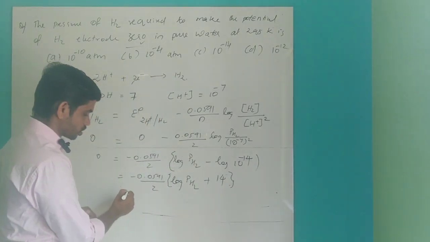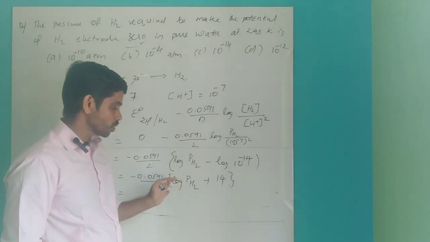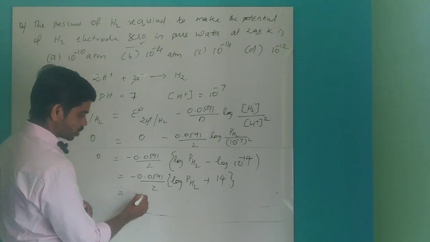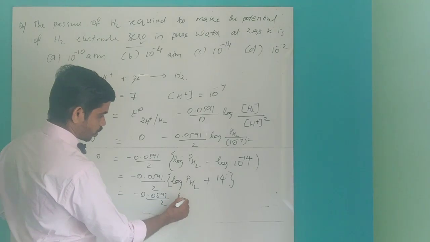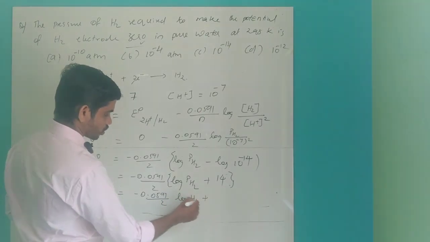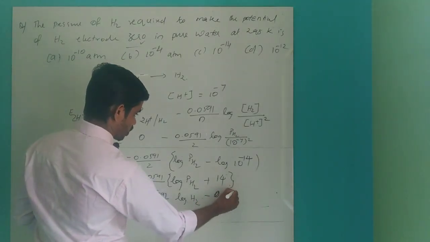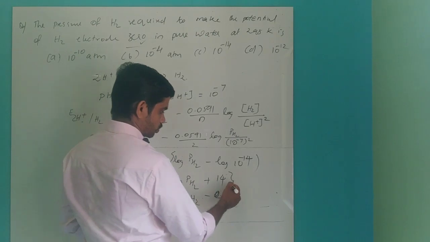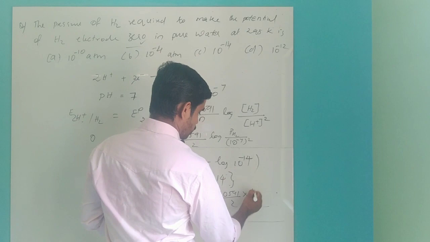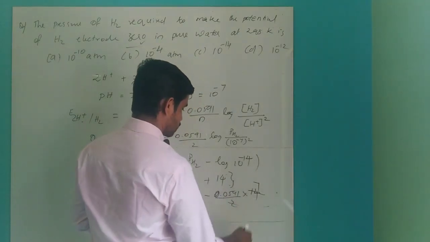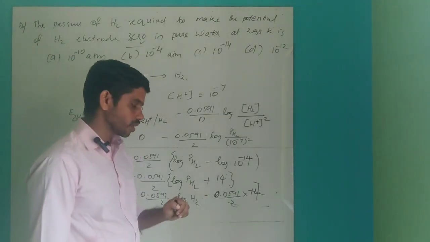Now I'm going to open this bracket, so minus 0.0591 by 2 log of H2, and minus 0.0591 by 2 into 14, so this will cancel, 7 you will get.